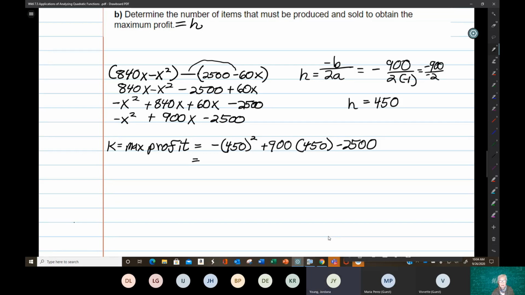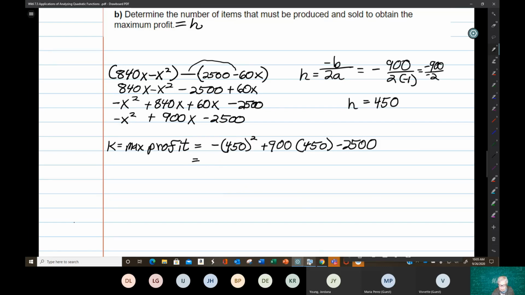Will that always be that way when you're dealing with H? Yes. But for K, you take the H number and put it in for the X's, or the T's, or whatever your variable is. Okay, good question. They're all good questions.